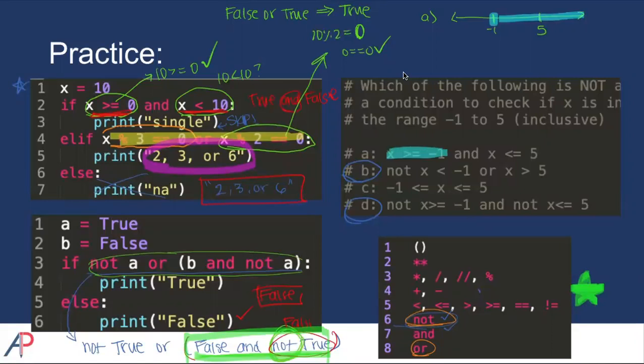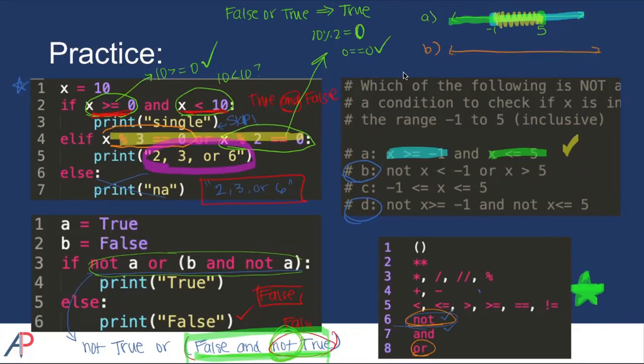And then I have x is less than or equal to 5. So I start from the 5 and I want to go this way. The overlap between them occurs right here, between -1 and 5, both inclusive. So A is correct.